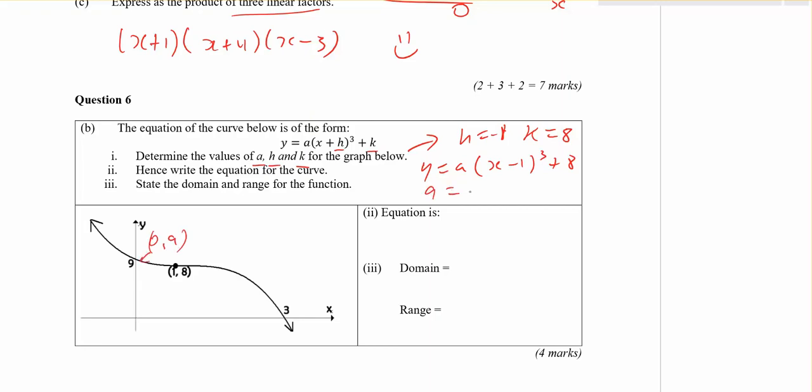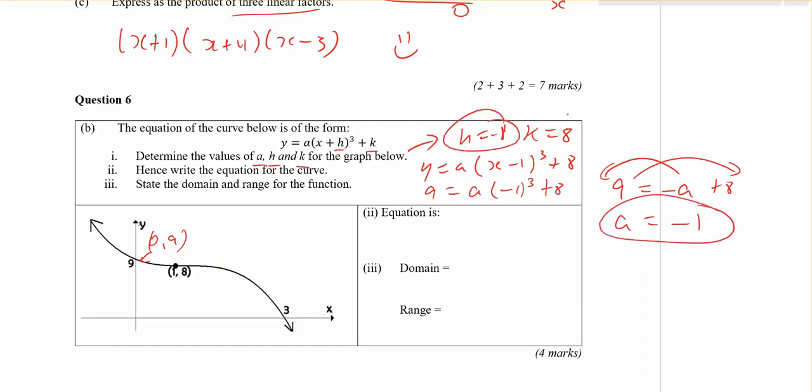When I simplify that, -1 cubed is -1, so A times -1 is -A, plus 8. I move the 8 to the other side, and so A would equal -1. Okay, so I've stated my H, K, and A values. My equation would therefore be y equals negative (x minus 1) cubed plus 8.